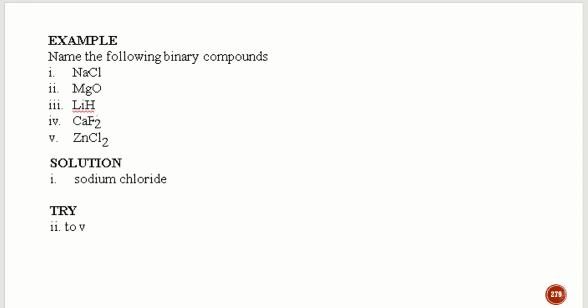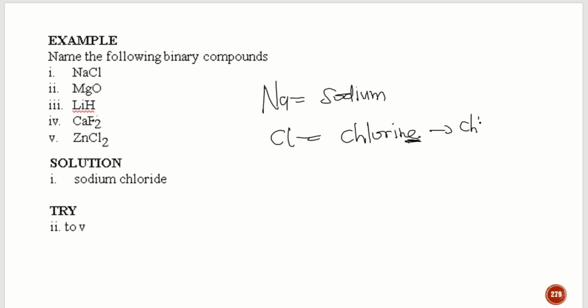Now the chemical compound is NaCl. Na becomes my metal part, so I will say Na is called sodium. Then I'll go to the non-metal part, which is my Cl. It is also called chlorine. I'll remove 2 letters from chlorine and it becomes chloride.